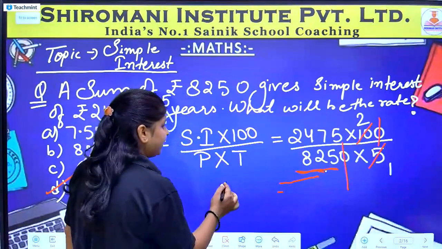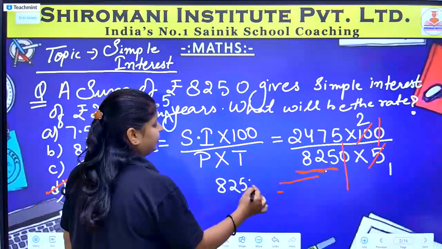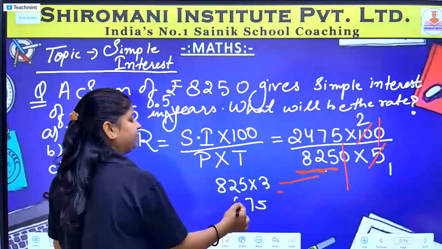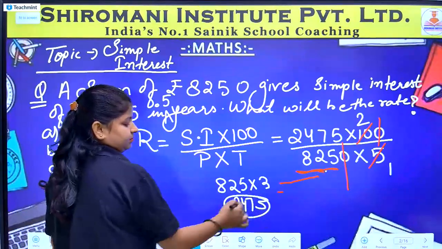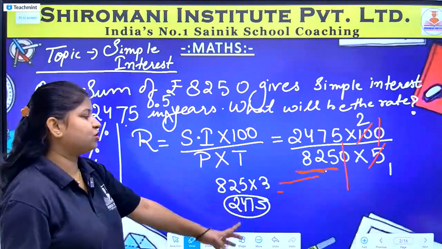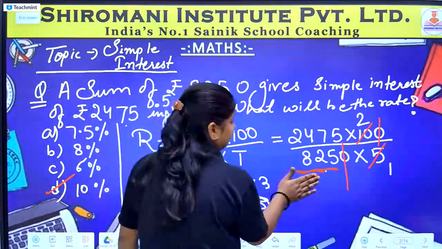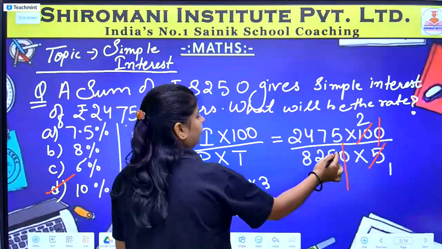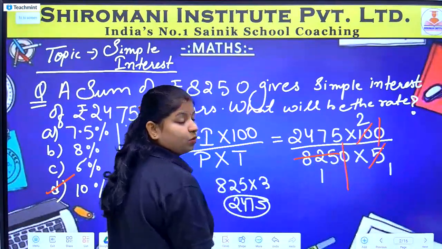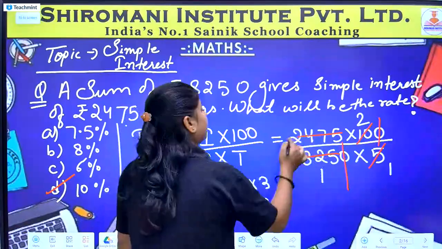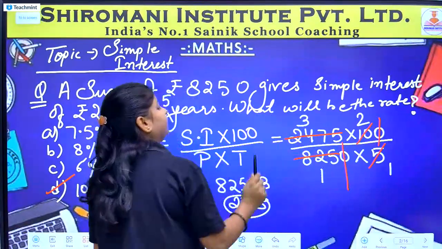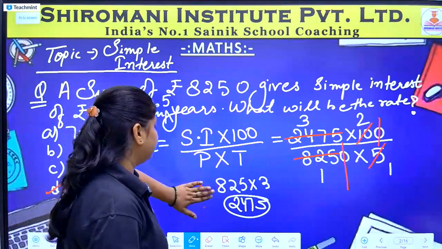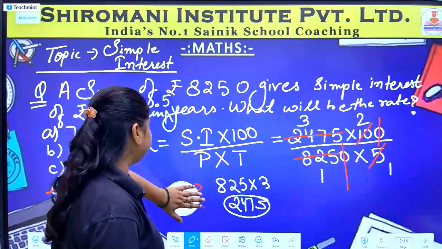Let us check: 825 into 3 is how much? 5 5s are 15, carry 1, 6, 7, 2, 4, 7, 5, right? 825 into 3 is 2475. I can easily say 825 into 1 is 825 and 825 into 3 is 2475. That is all about the mind calculation, dear.